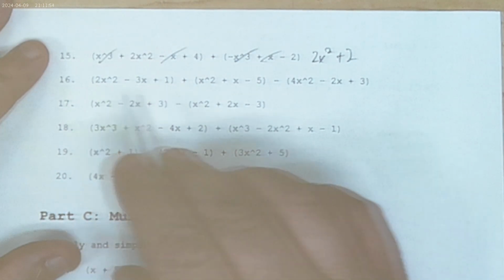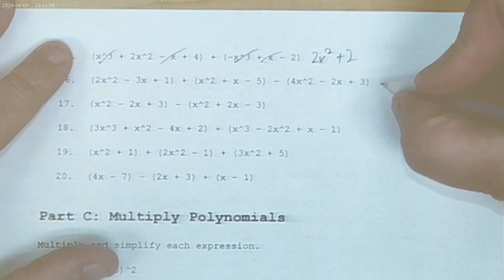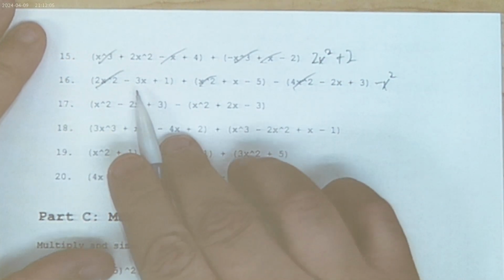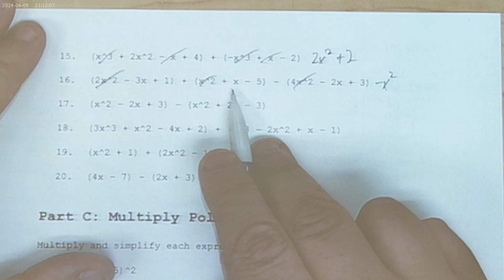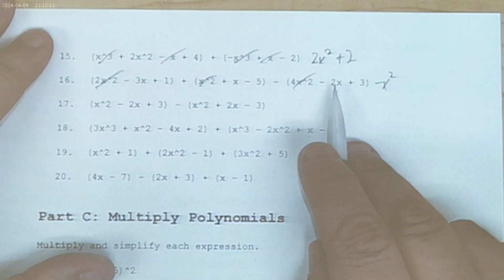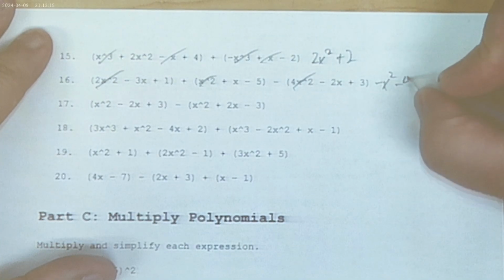So 2x squared plus x squared minus 4, so that's going to be minus x squared. Okay. Negative 3 plus 1 minus 2. So that's negative 3 plus 1 is minus 2. Minus 2 is minus 4x.